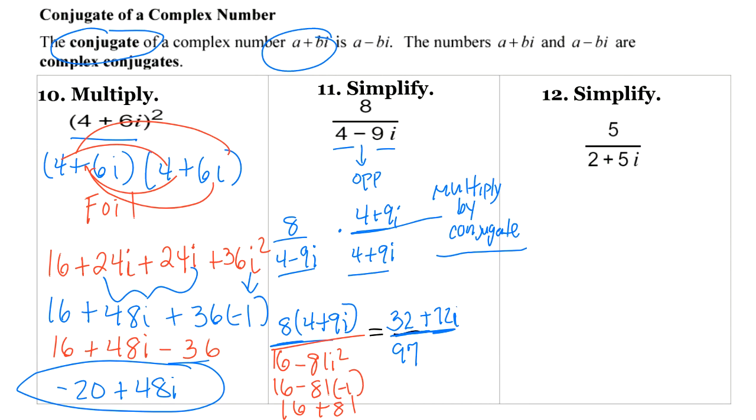Once I get here, there's nothing I can add at the top. There are no like terms. But since I have this fraction, I need to separate it because I need the real part to be independent and my imaginary part to be independent. So my real part is 32 over 97, and my imaginary is 72 over 97i.